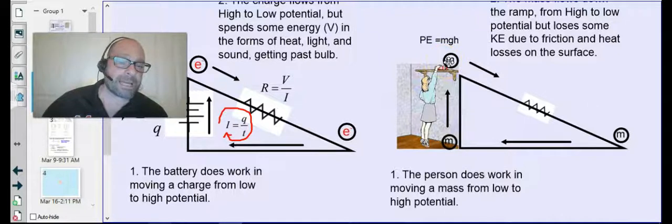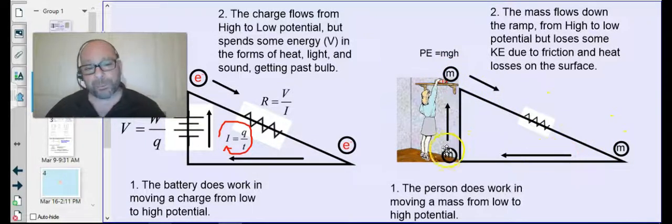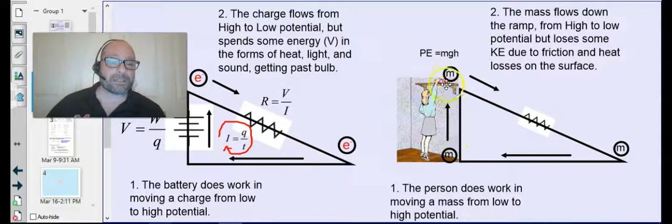But if this mass was permitted to roll down the hill like this, it would go from a high potential energy back down to a low potential energy. And then, of course, it will roll back, and she picks it up, she puts it back up, but it continues to flow around.